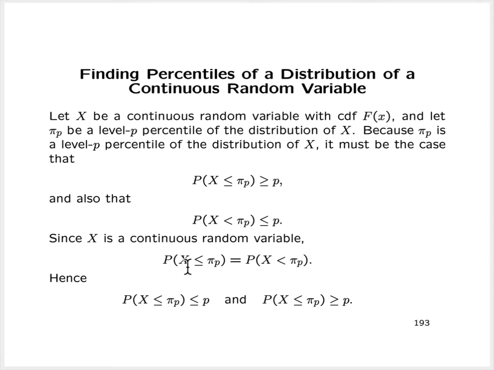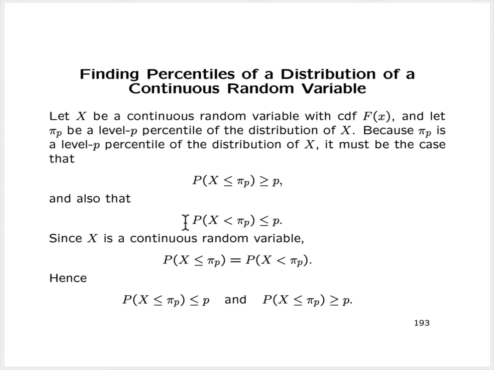So the probability of these two events are the same because x is a continuous random variable. Now, because of that, I can substitute this probability, right here where I'm pointing, and it is equal to the probability that x is less than or equal to π_p.